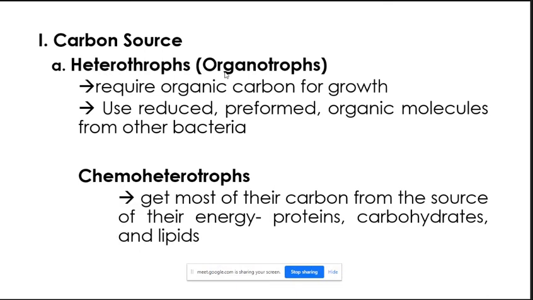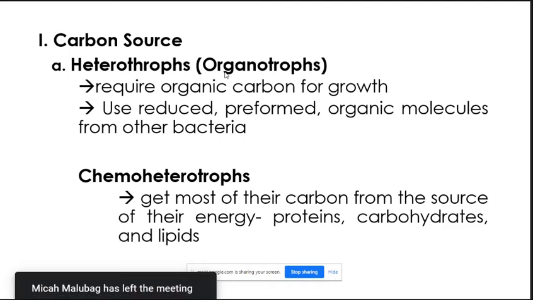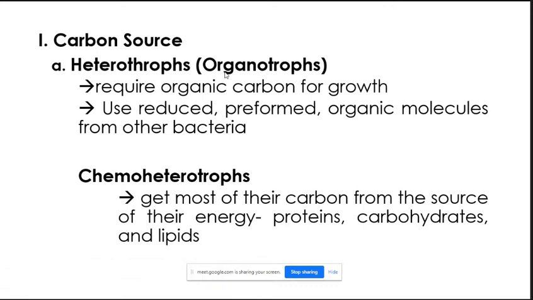If you remember, dito kasi sa mga grouping, madami kayong ma-encounter na terminologies. So, yung mga prefix pa lang, alam nyo na kung ano yung hetero or your organotrophs. Ito yung mga nagre-require ng organic carbon for growth.